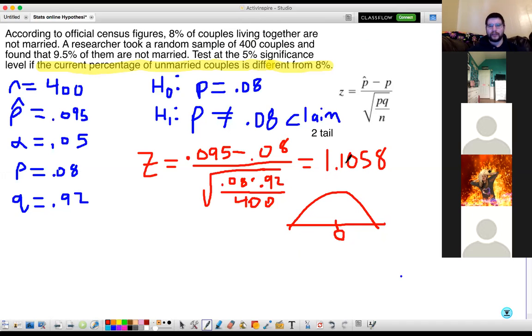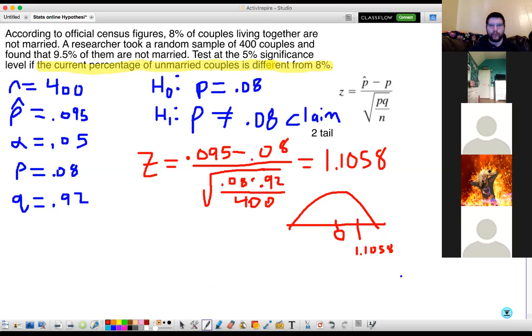So we need to find out where this test statistic goes, if it's to the left or the right of the mean. Well, it's positive, so it's going to the right. So here's my test statistic right here, and it's to the right of the mean. So that means we need to find the area to the right of the test statistic and double it.